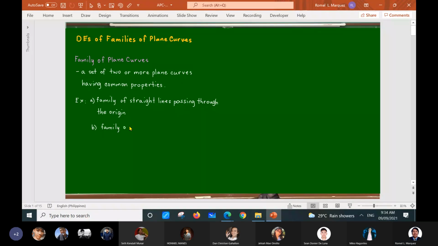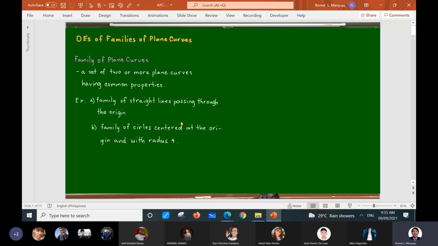Family of circles centered at the origin and with radius four.